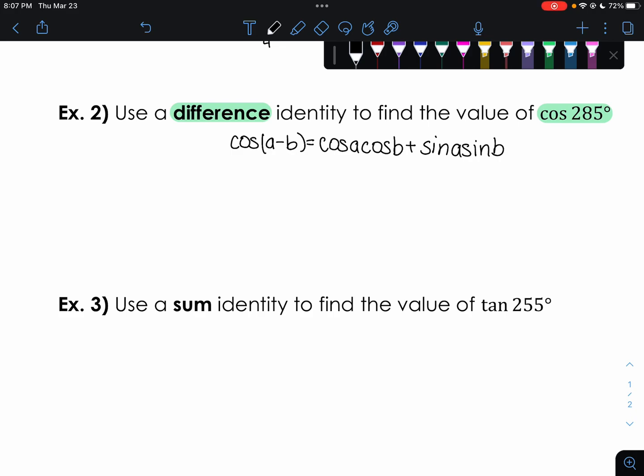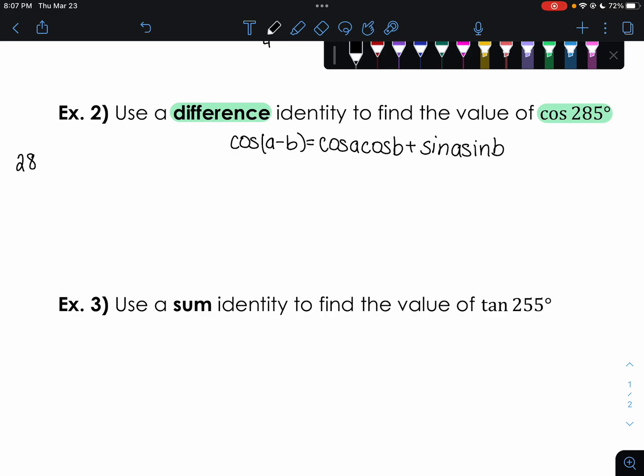So now we need to think about two angles that we can subtract in order to get 285. So we can use the same process as we did before. But instead of subtracting, this time I'm going to add to work backwards.